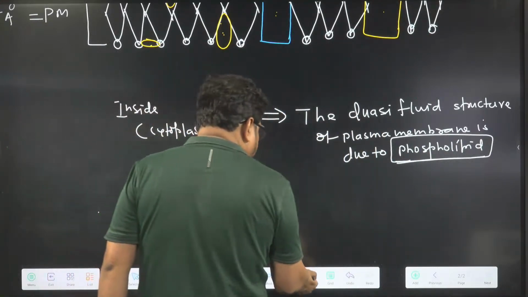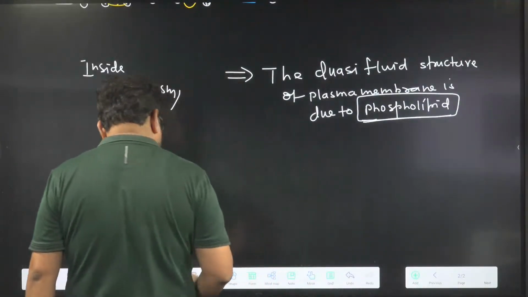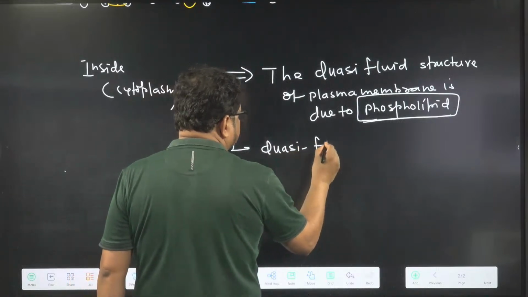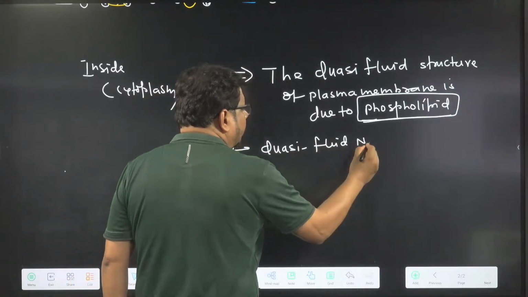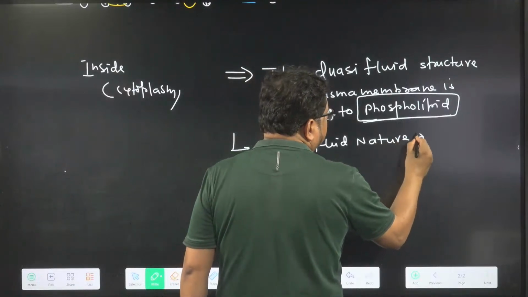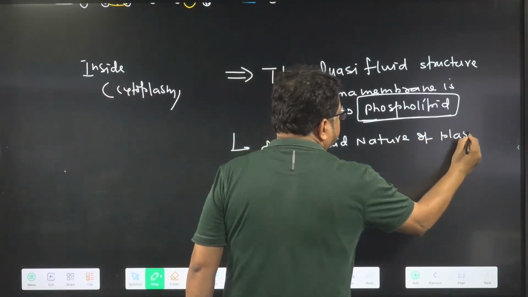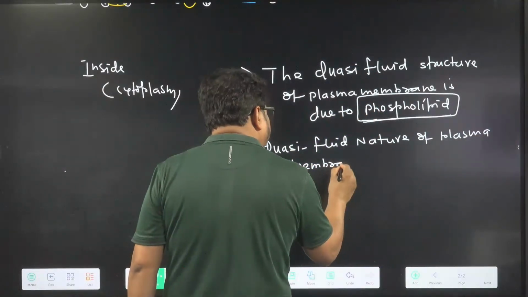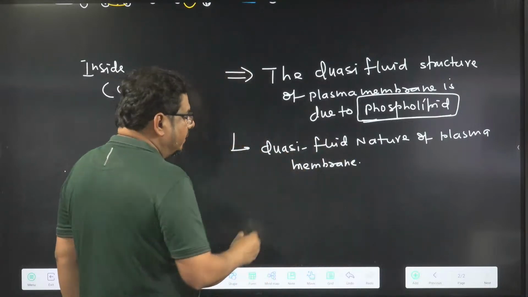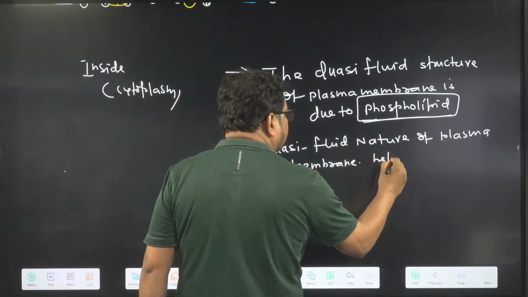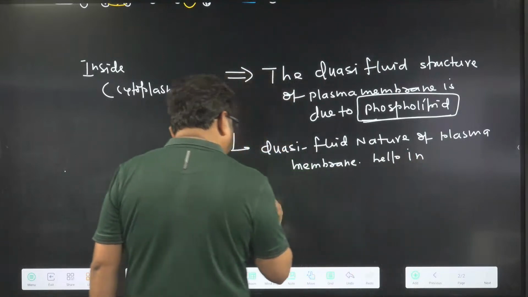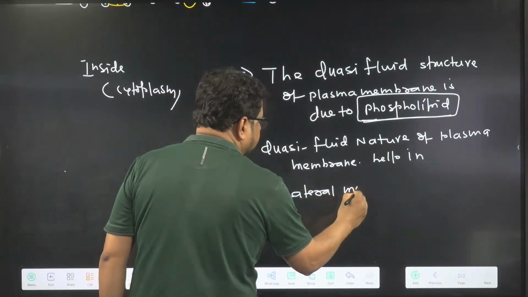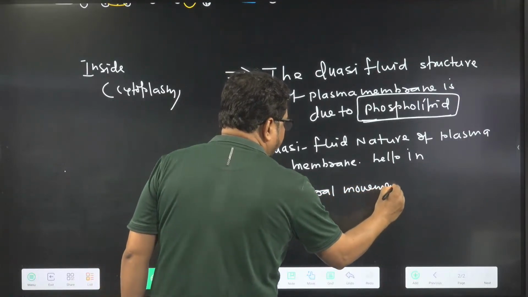And what is the advantage of quasi-fluid nature? So, quasi-fluid nature of plasma membrane helps in lateral movement. One work.